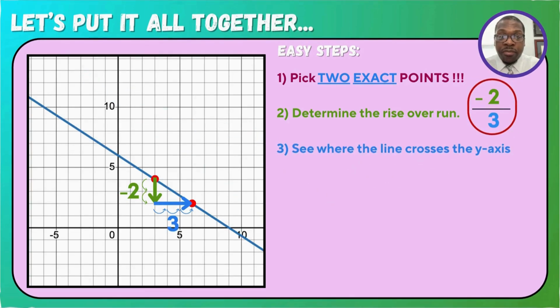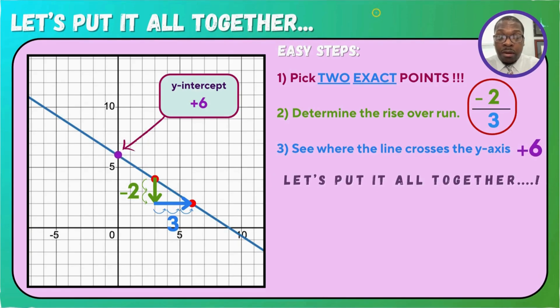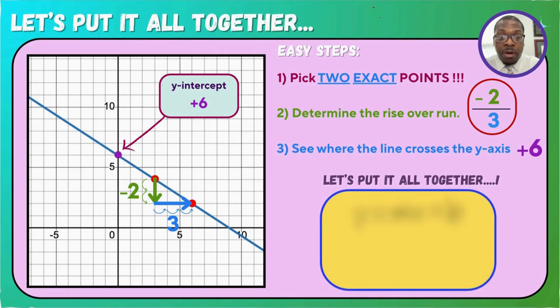Okay, third step. See where the line crosses the y-axis. And if we look, we can see it crosses right here. But where is that? It's one level above the 5, which will put it at +6. Now, let's put it all together. Now, we have everything we need. So our equation to give us our slope and our y-intercept is y equals mx plus b, where m is our slope.